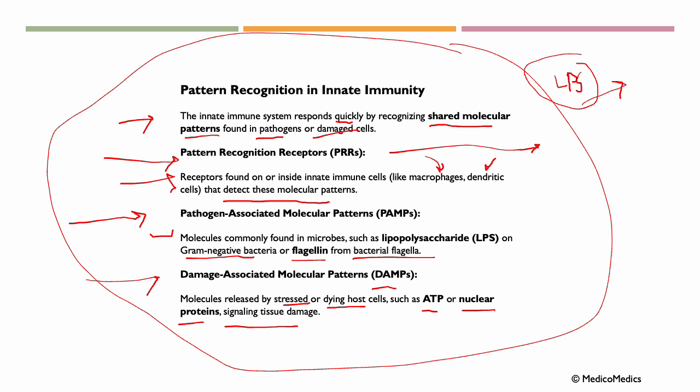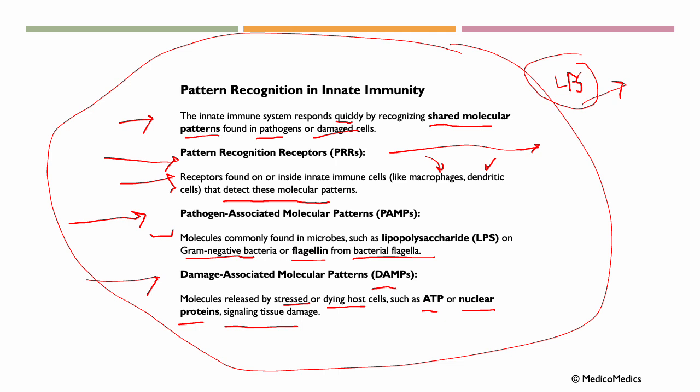So, to summarize, innate immunity acts as the body's first line of defense by using PRRs, so pattern recognition receptors, to quickly recognize dangerous signals.